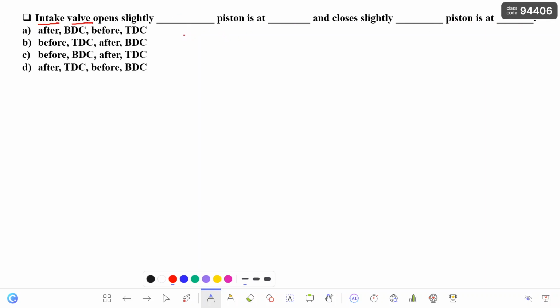When does the intake valve open? As I covered, it is generally before the suction stroke. Before TDC, okay, I will explain to everyone. What is our main aim in the suction stroke, in the cylinder? Our main aim is to carry more and more amount of gas in a single cycle.